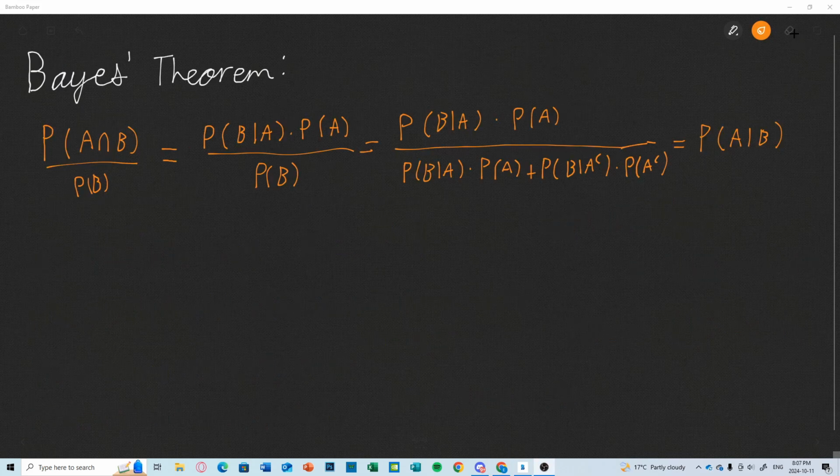Alright, now we're going to go over Bayes' theorem, which is just more ways to write our conditional probability.